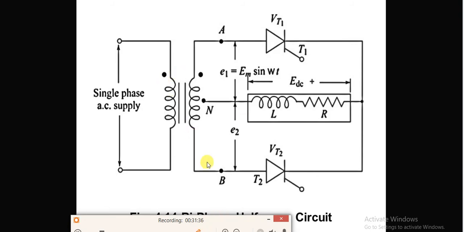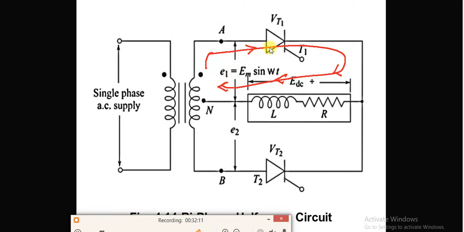So during the positive half cycle, first we will consider the positive half cycle. The direction of current flow will be through this SCR which is forward biased.